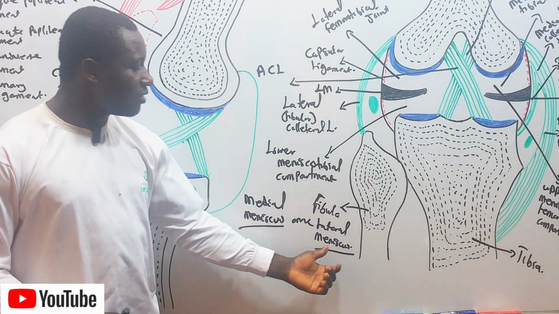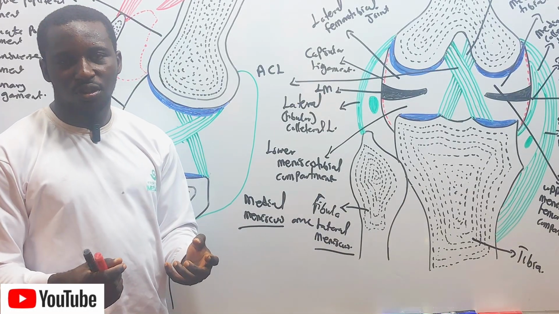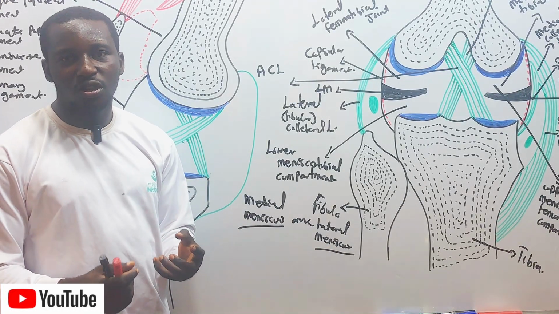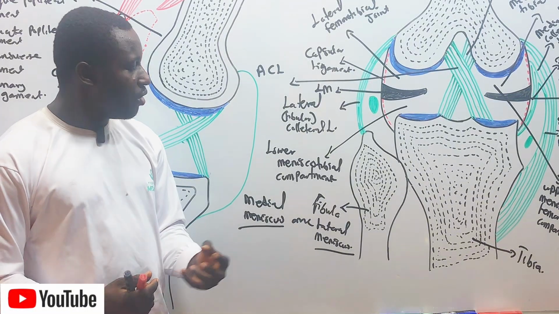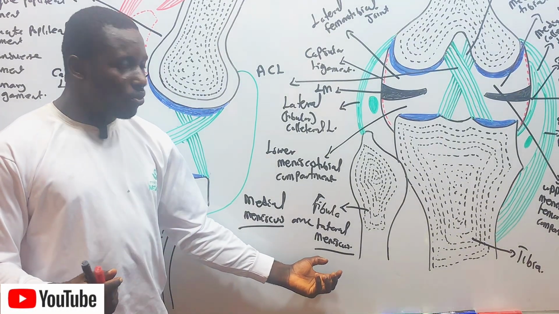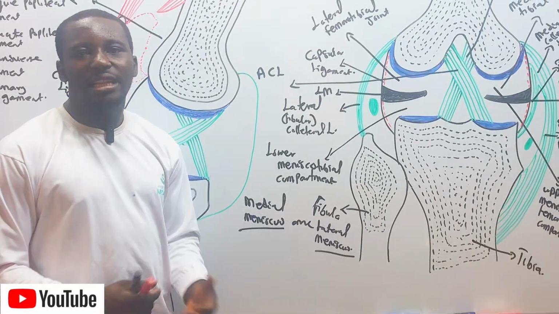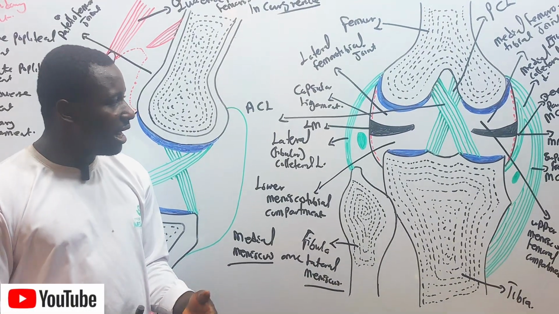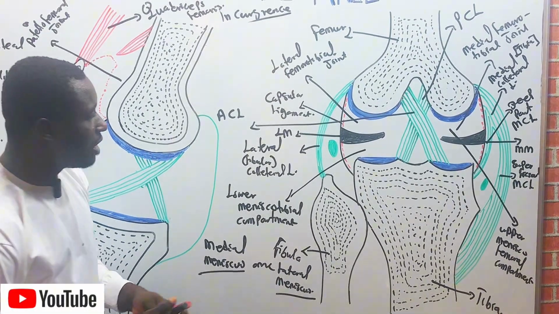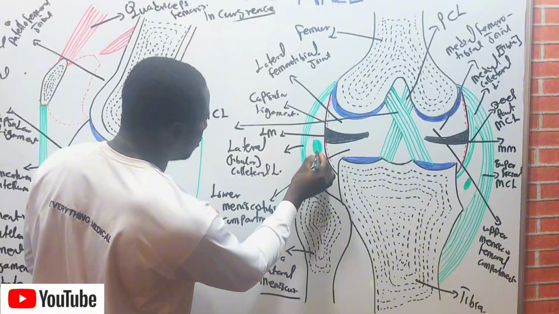Now, the lateral meniscus is O in shape or circular in shape. Where does it attach? It attaches at the tendon of the popliteus muscle. Now watch. This is the tendon of popliteus muscle.